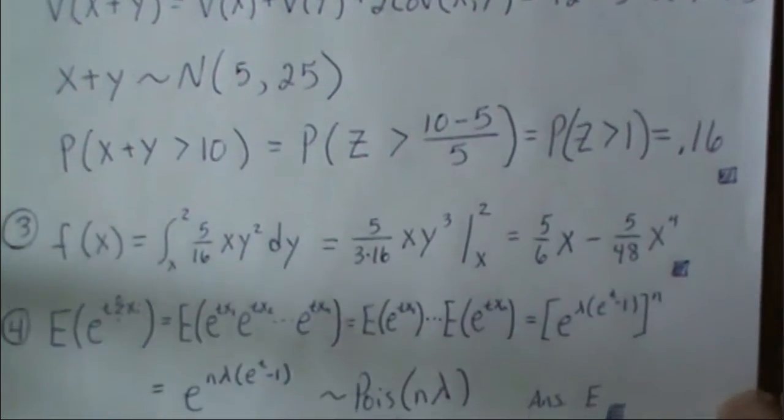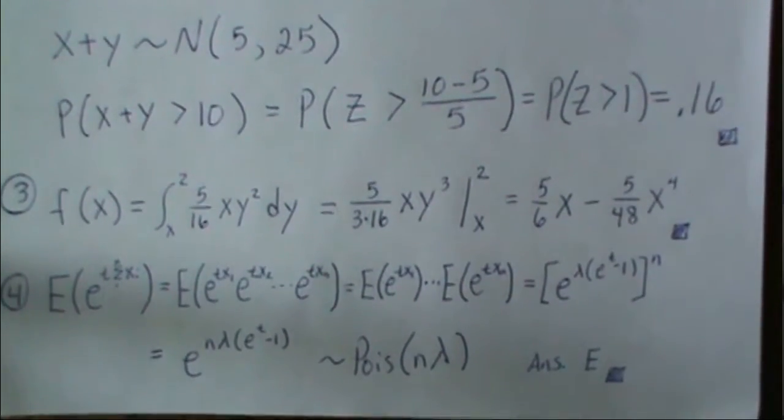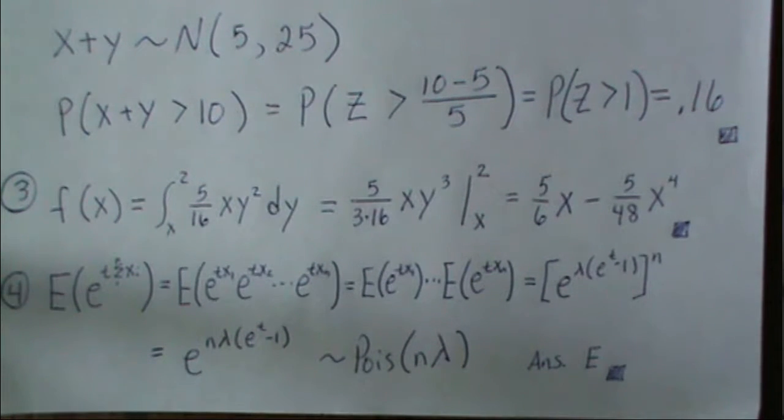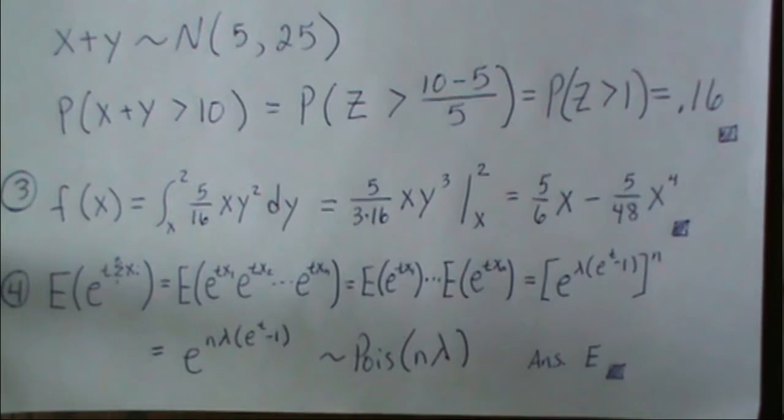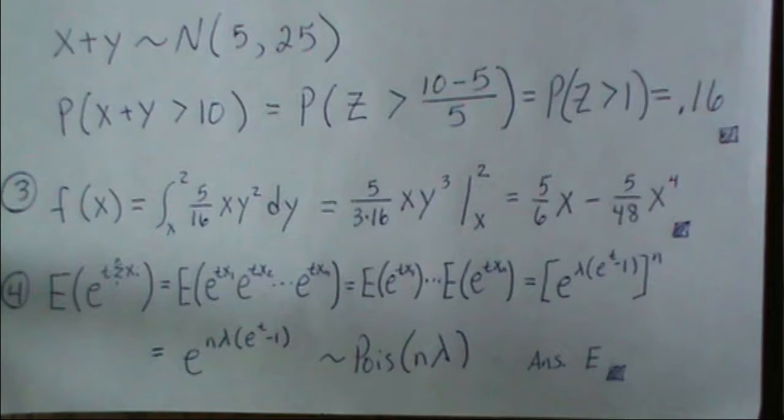Number 4, we're given the moment generating function of a Poisson, and then we're given the mean, and then we're asked to find which of the following are true.